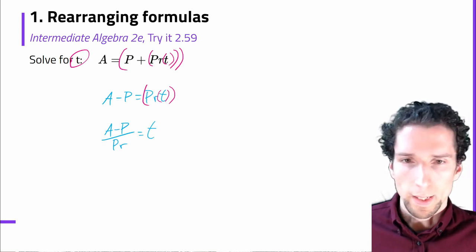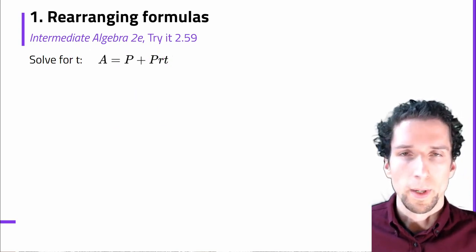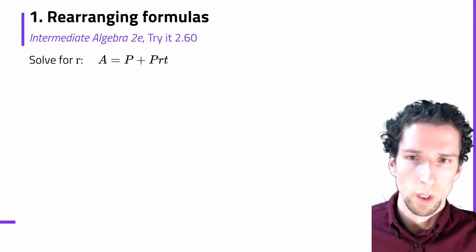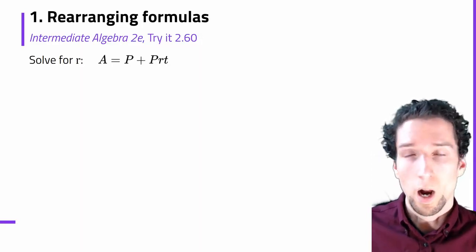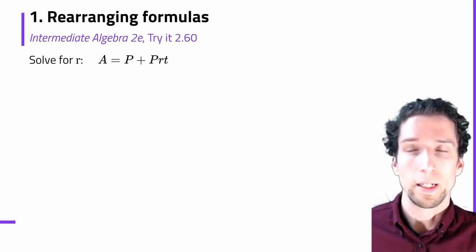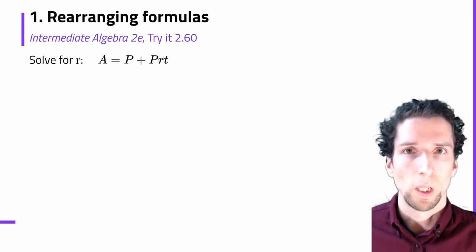Okay, so that's my practice, my turn, and your turn with this one, solving for r. So it's the same formula here, but solving for a different thing. Go ahead.